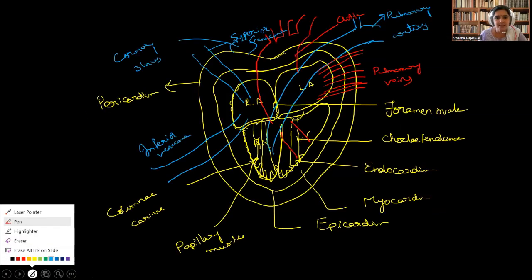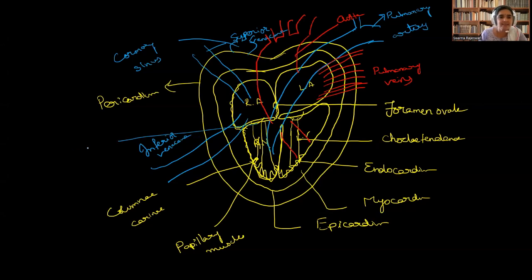Okay. Here, this valve we know is the tricuspid valve. And this valve is called the bicuspid valve. And there are semilunar valves here near the pulmonary artery as well as the aorta.